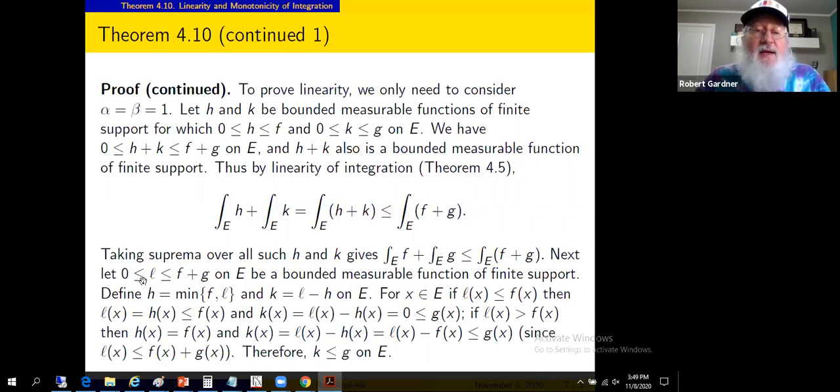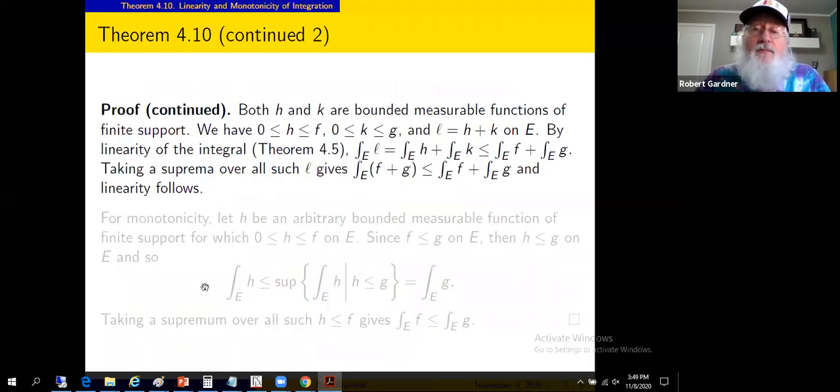So whenever I take any bounded measurable function of finite support less than or equal to f plus g, we get the integral of that function L less than or equal to this, the integral of f plus the integral of g. Well then, what if you take a supremum over all such functions L? That by definition would give the integral of f plus g.